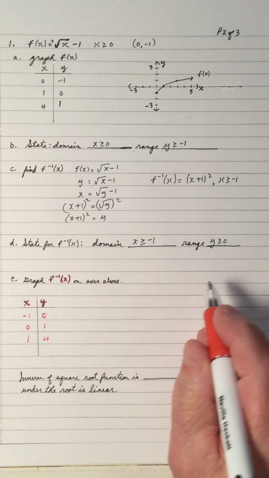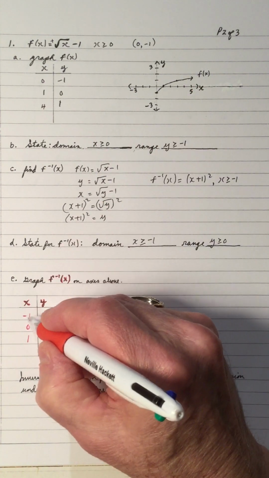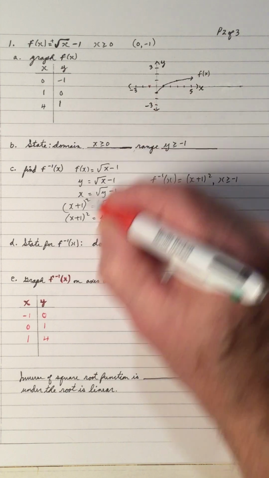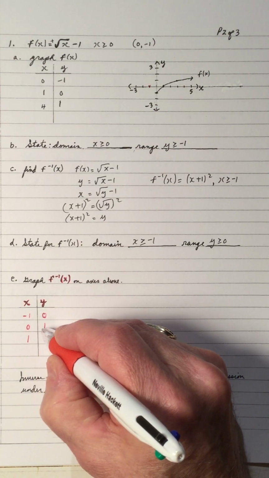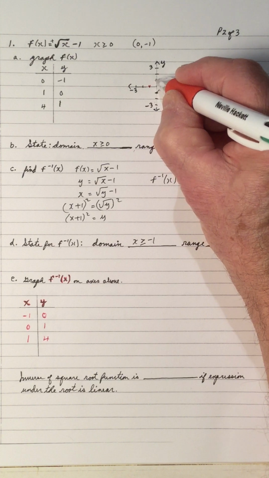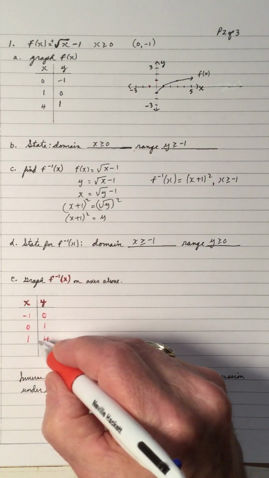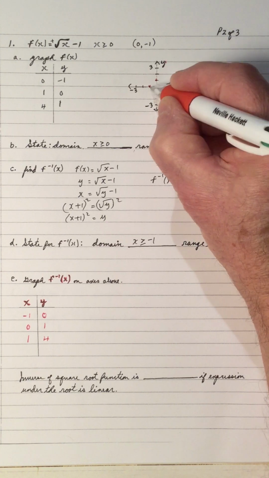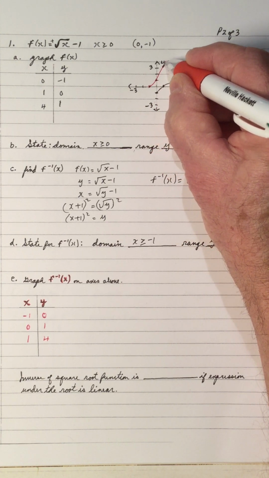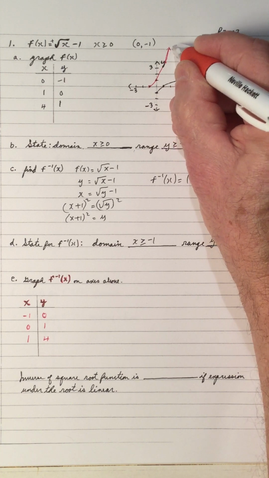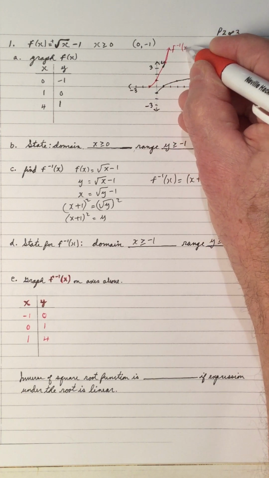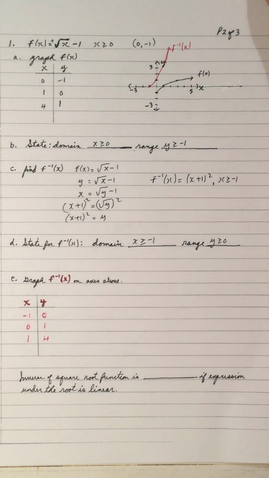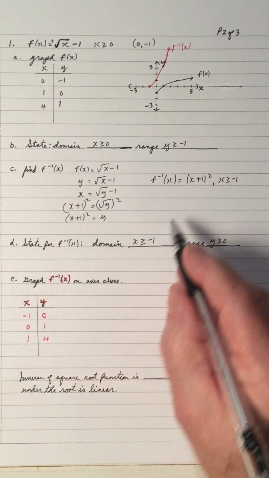So if I graph that, x is negative 1, y is 0, which is right here; x is 0, y is 1; x is 1, y is 4. So there's its inverse, f to the negative 1 of x. And again, to see if this fits the equation that we have.